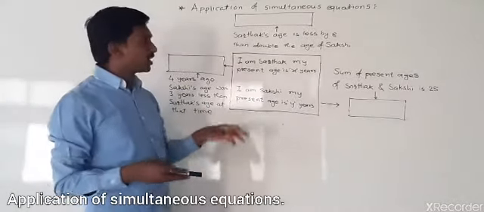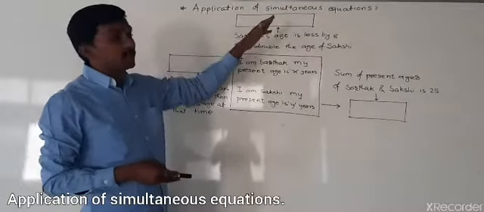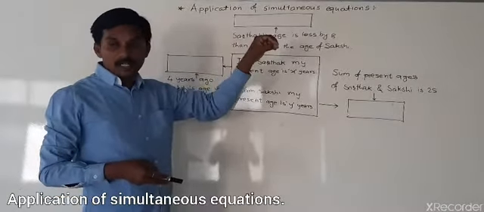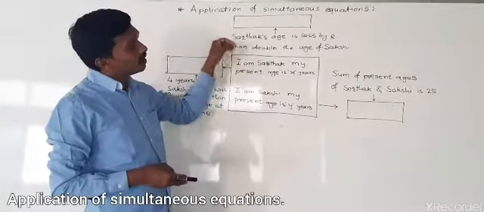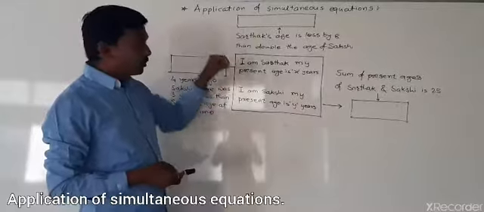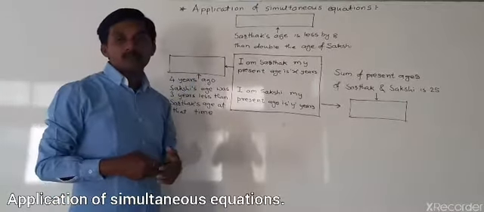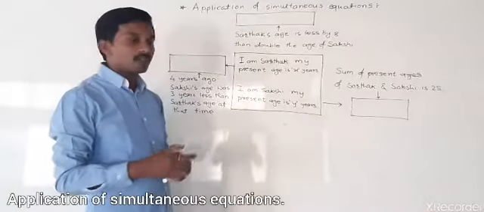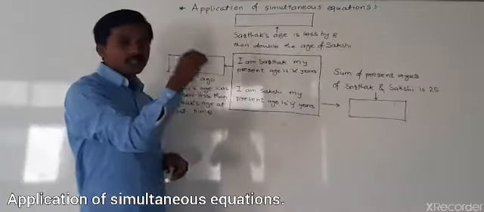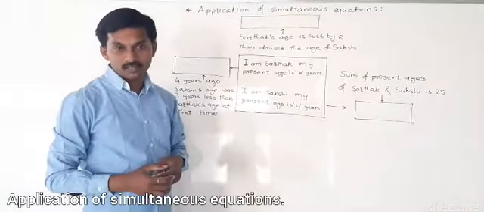So many questions are there in day-to-day life and we have to use the simultaneous equations to solve these situations or these questions. Now here the first important thing is how to frame the equation. First of all, from the given information or whatever the situation is given in the example, we have to frame the equations.